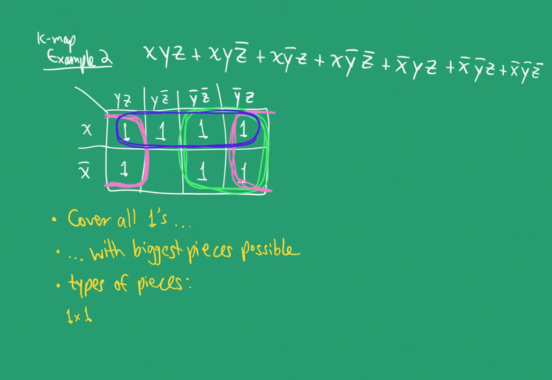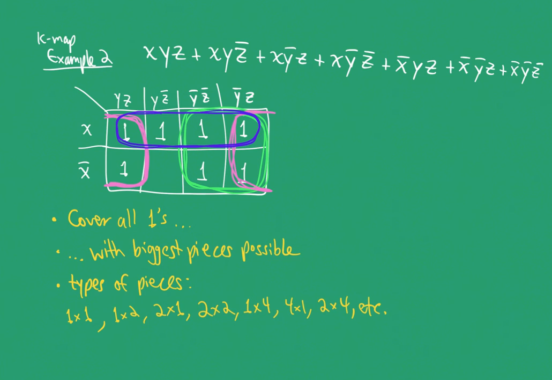You want to always go with the biggest pieces possible. So 1 by 2, 2 by 1, 2 by 2, 1 by 4, 4 by 1, or possibly 2 by 4, etc. Depends on your diagram, how many variables you have, how many slots there are. So that's kind of a preliminary look at the general principle here.